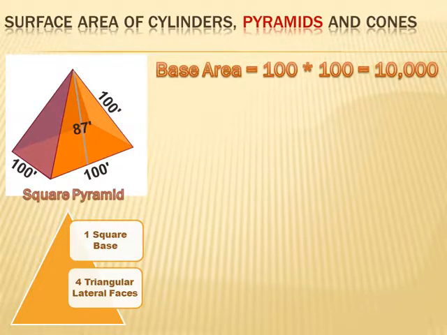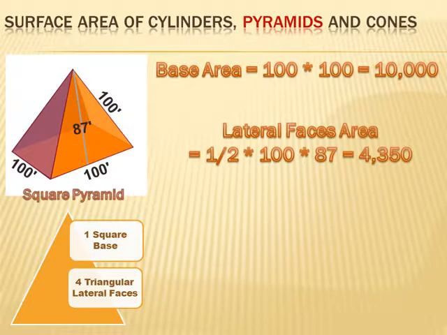Now, the base, which is a square, is 100 by 100. So the area of the base is 10,000. And each of the triangles, each of the lateral faces, the area formula would be 1/2 the base times the height, or 1/2 times 100 times 87, or 4,350 each.